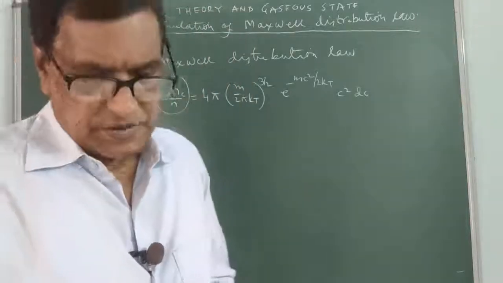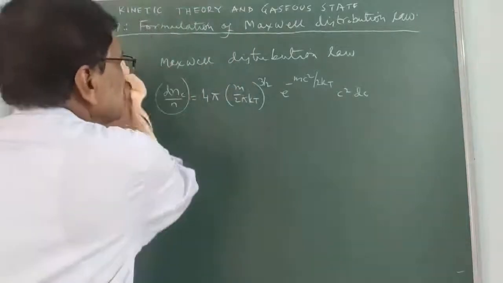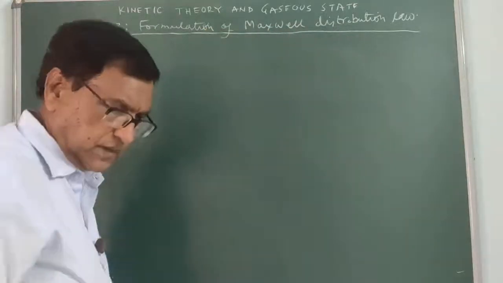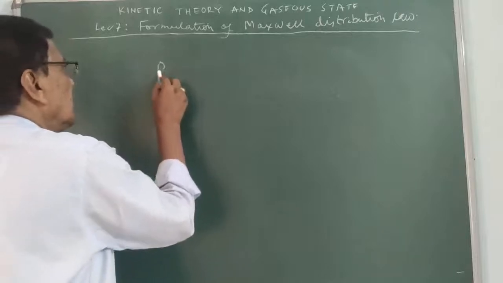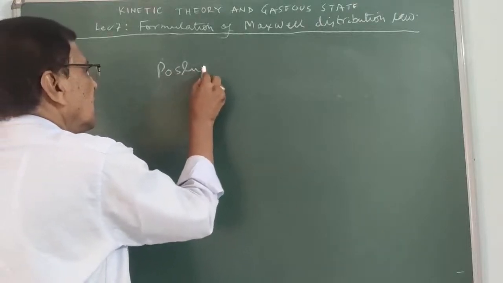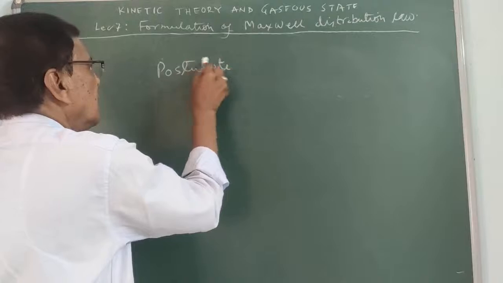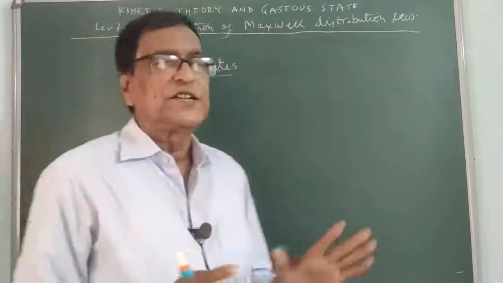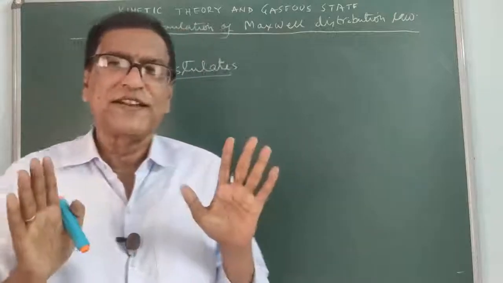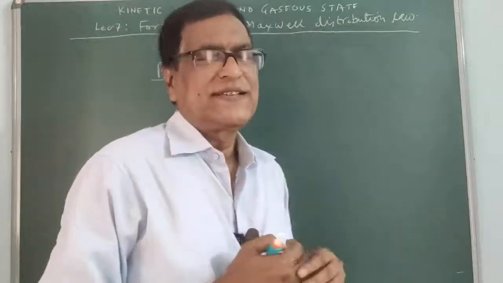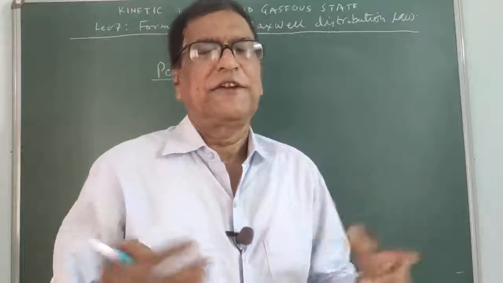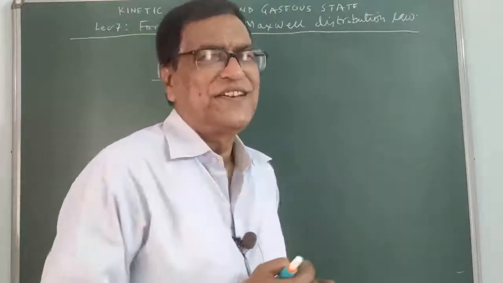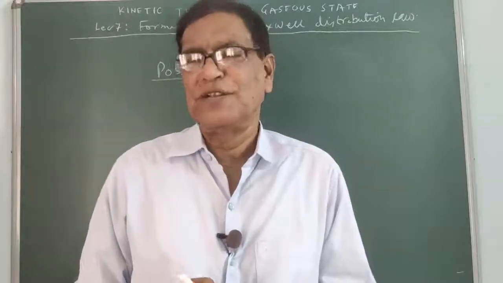The postulates. First we can say the postulates for the formulation of Maxwell distribution law. So there are 5 postulates. At least I have taken these 5 postulates which are important to derive the Maxwell's distribution law.